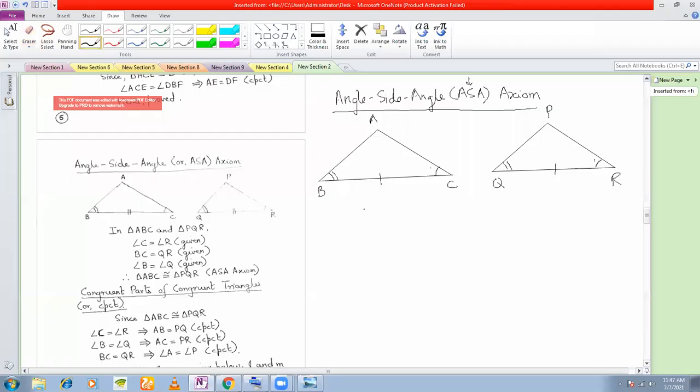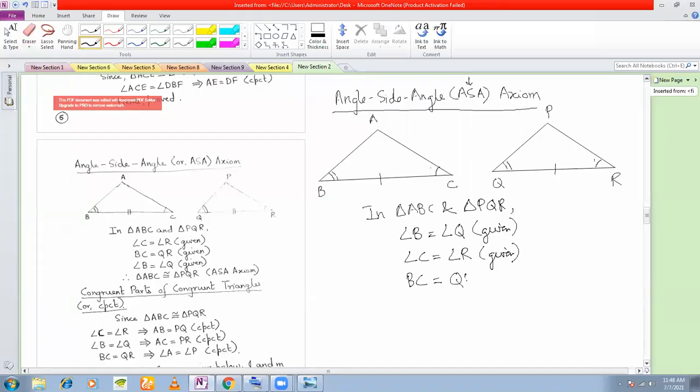Okay, so in triangle ABC and triangle PQR, you have angle B is equal to angle Q, angle C is equal to angle R. This is given, and this is given, and the included side of these two angles, BC, is equal to QR.